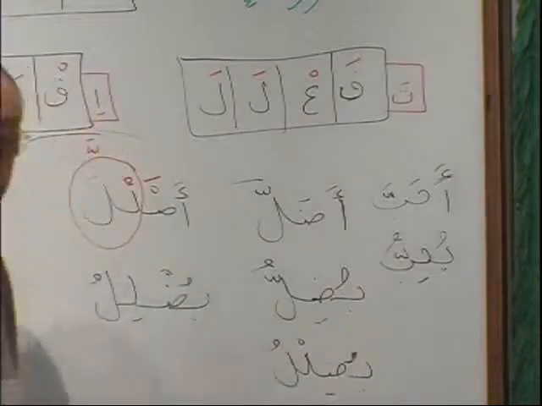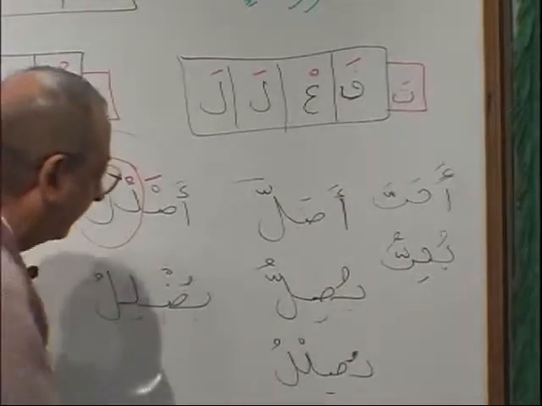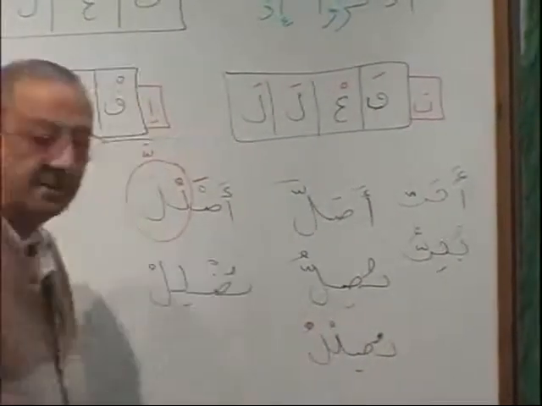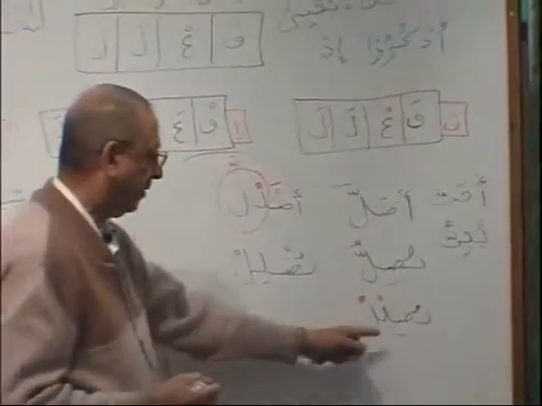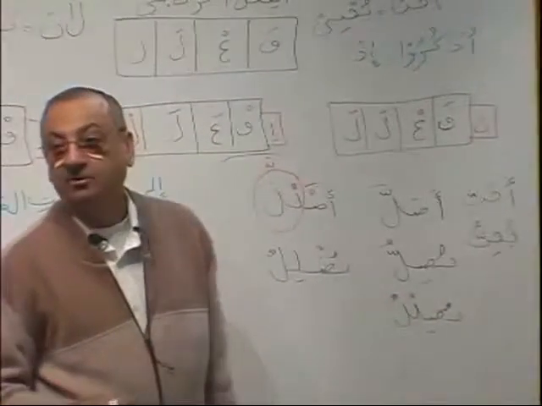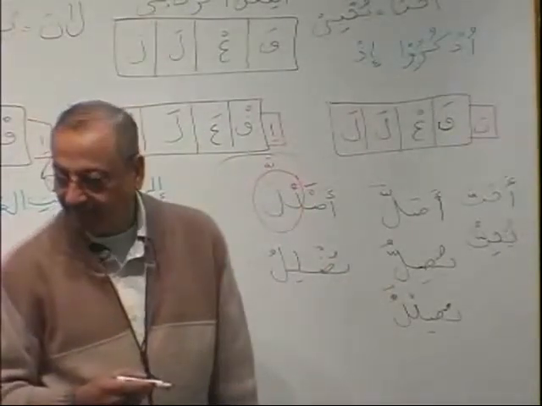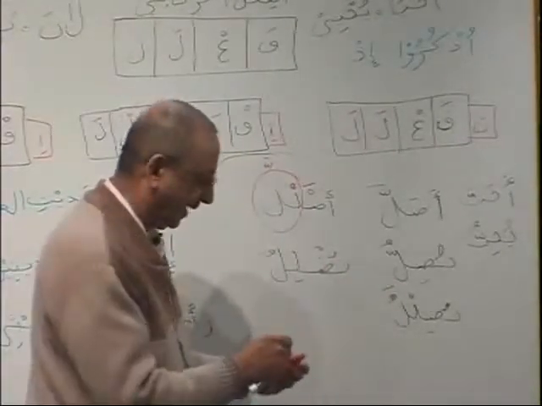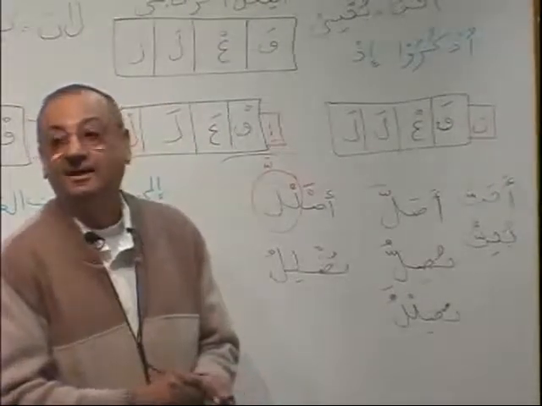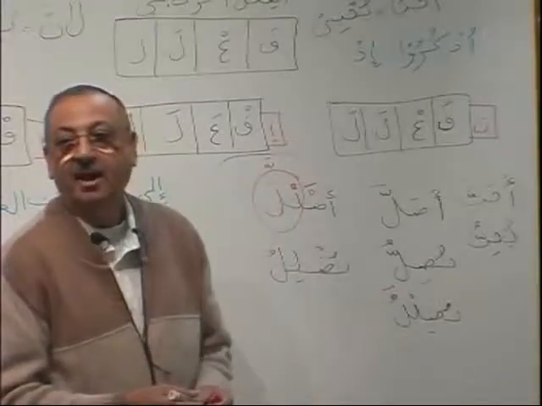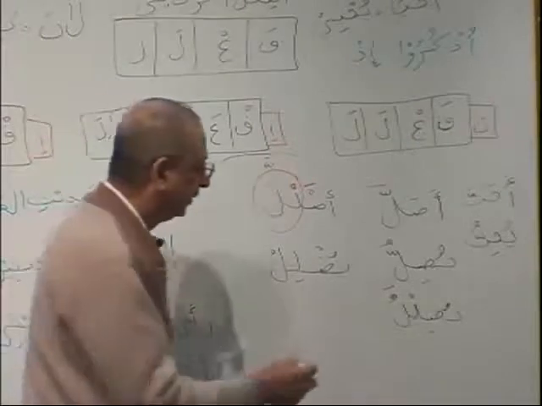If I have to make it majzoom, I have to give it a sukun here. Are you with me? Now, I cannot pronounce it, so I bring a temporary fatha. Remember? Like yahujja. Lam ahujja.